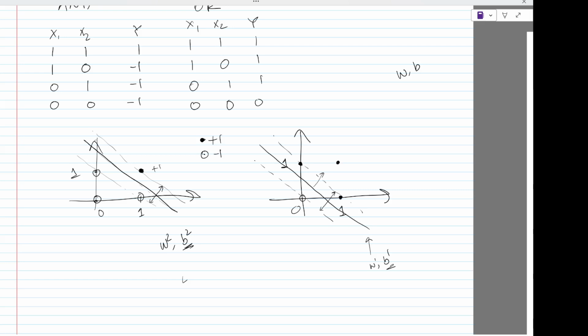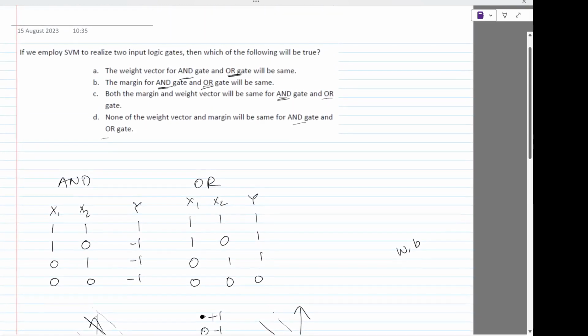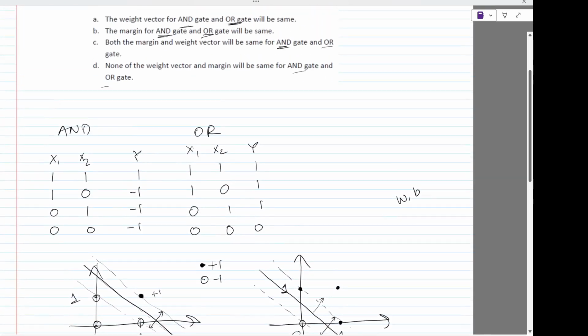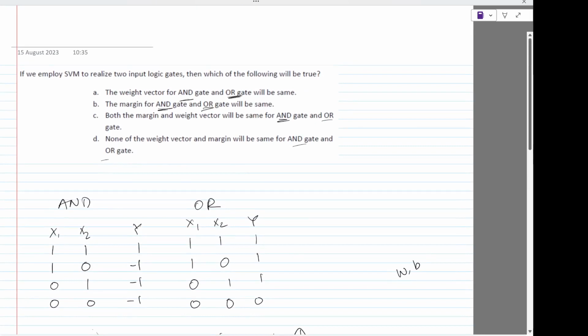So the margin will be same because your W direction is same, then 2 by norm of W will be same.